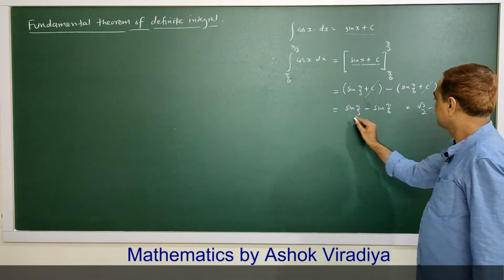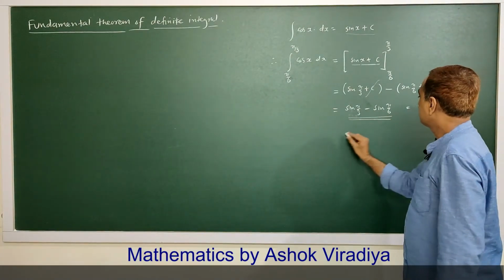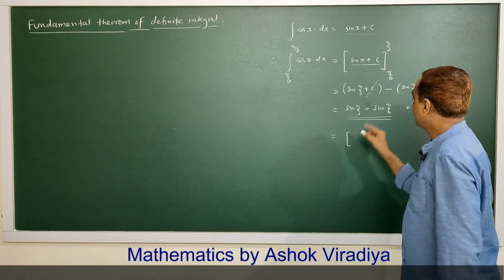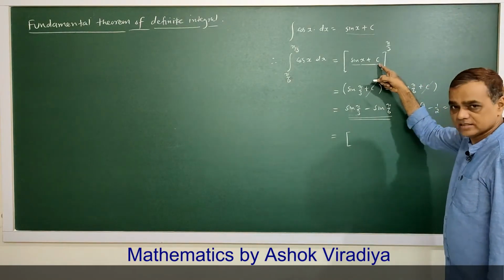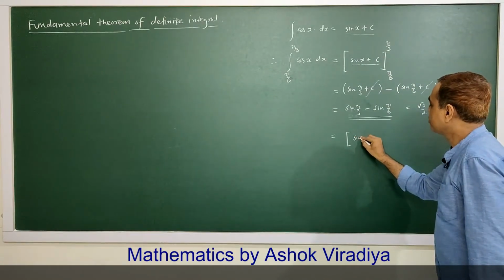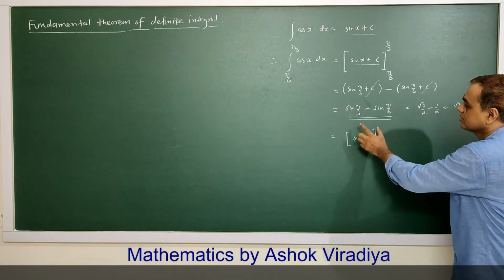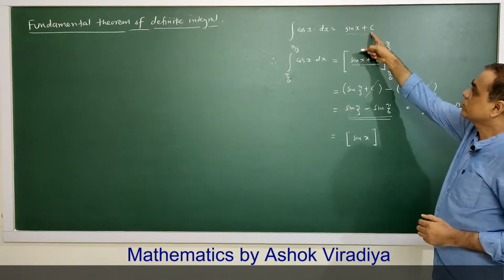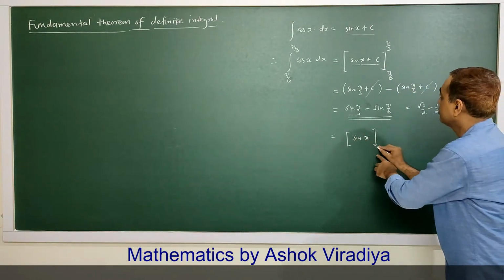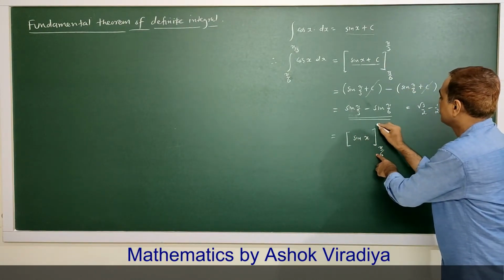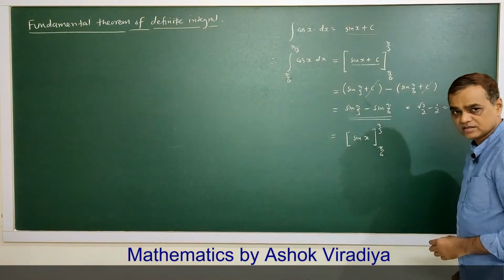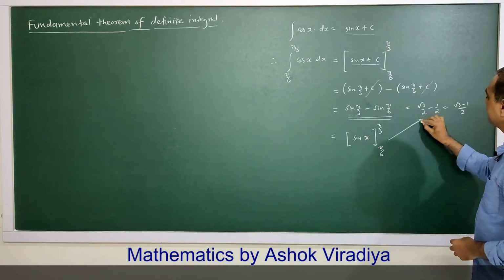If I do not include c, if I keep only sin x, with lower limit pi by 6 and upper limit pi by 3, then we are getting this value.